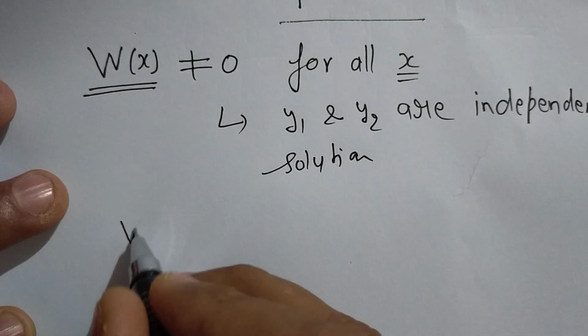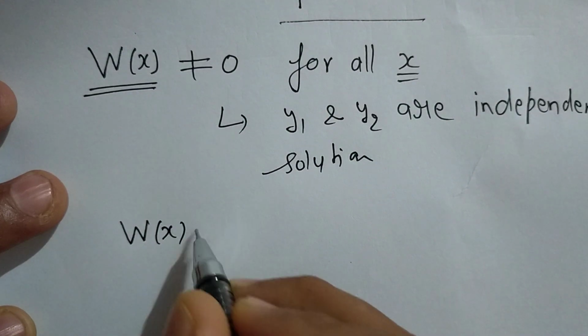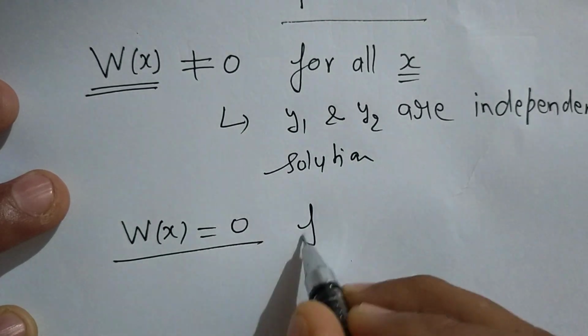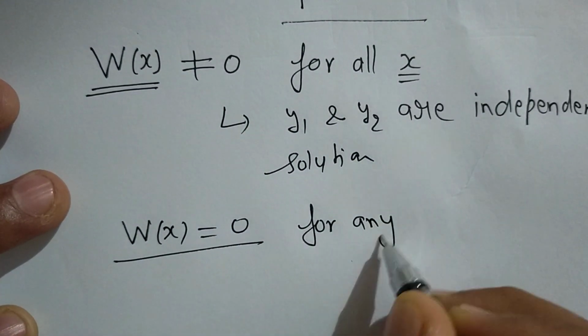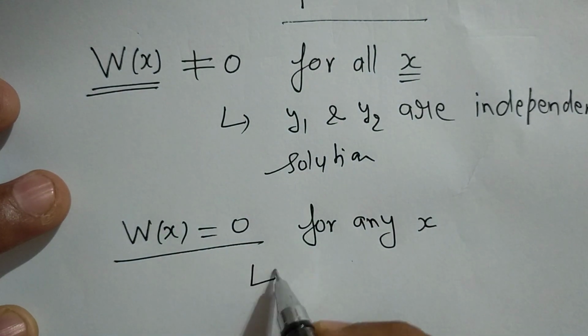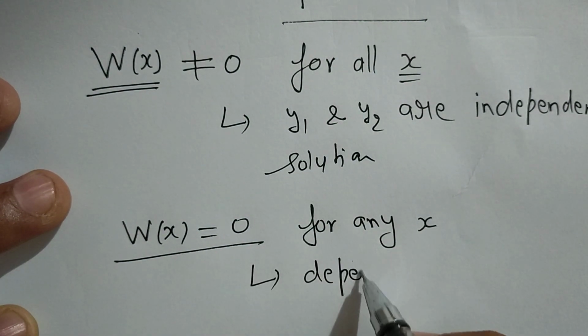And if the Wronskian is 0 for any x, then we say they are dependent solutions.